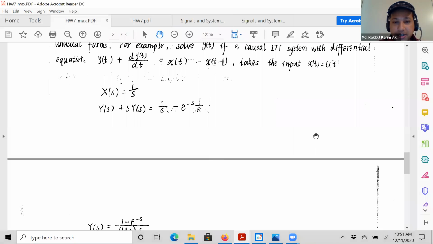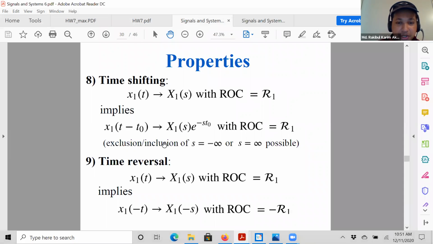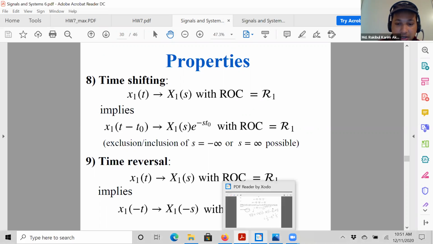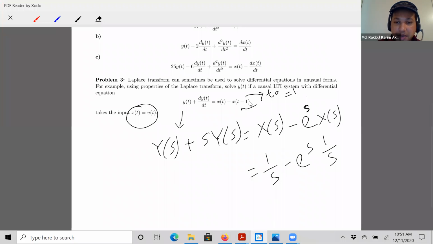Oh, yeah, right, negative s. You are right. Let's compare with that equation one more time. If it is a minus t naught, it becomes minus s t naught, right? So in your problem, this is minus t naught, so you need minus s t naught here. I made a little mistake here.